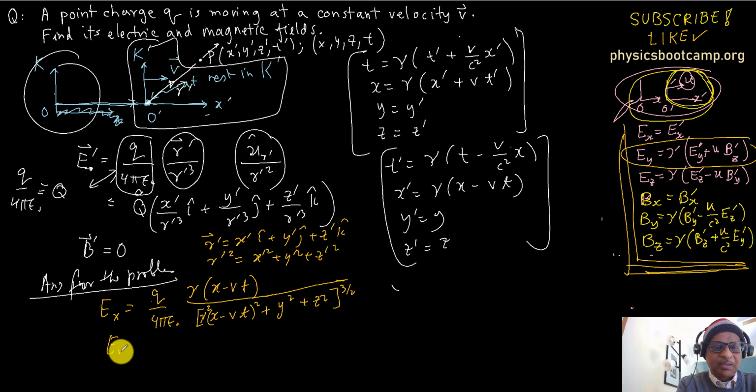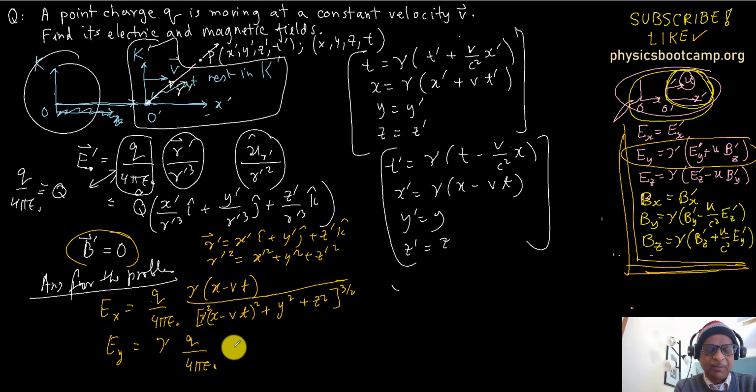How about Ey? Ey is going to transform. It's going to be gamma times Ey prime, because Bz prime is 0. So gamma times Ey prime, and Ey prime is almost identical: q over 4 pi epsilon naught, y prime is y, over this denominator.